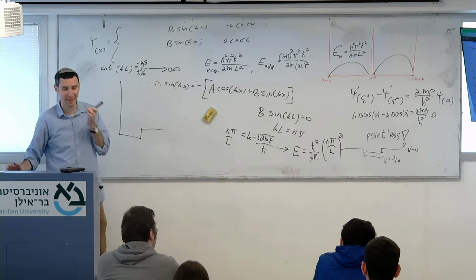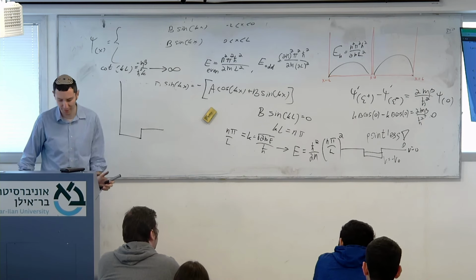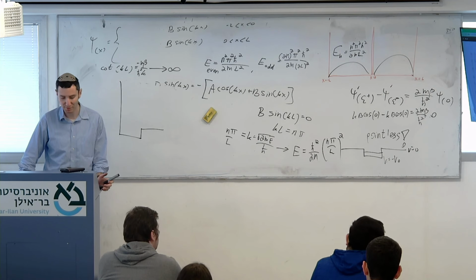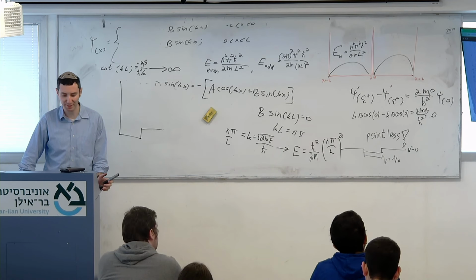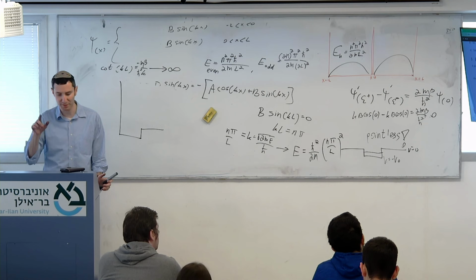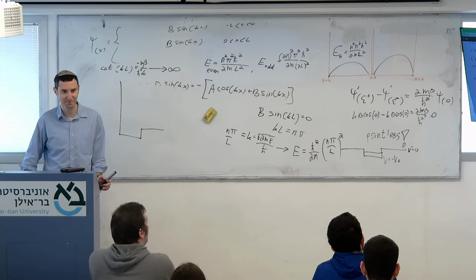So the energy is going to be negative, and you need to make sure that you keep the minuses correctly. Find the condition on V naught so there will be more than one bound state, etc. Then you're going to have a delta well, infinite well with delta in it. It's exactly what we did, and a pair of delta wells is going to be even more fun. We have two deltas. Have fun.